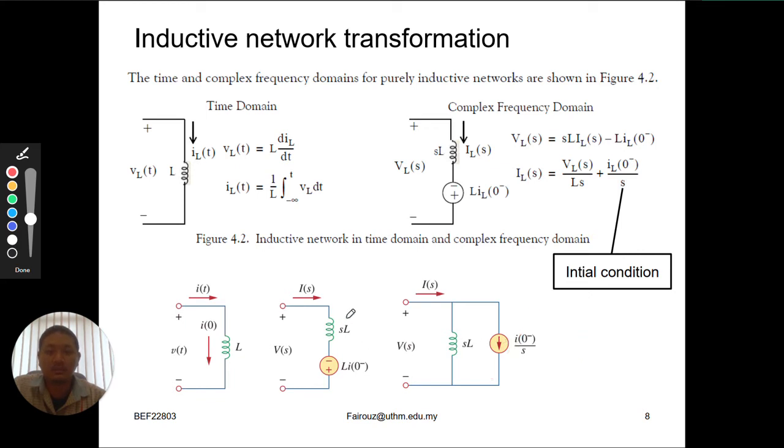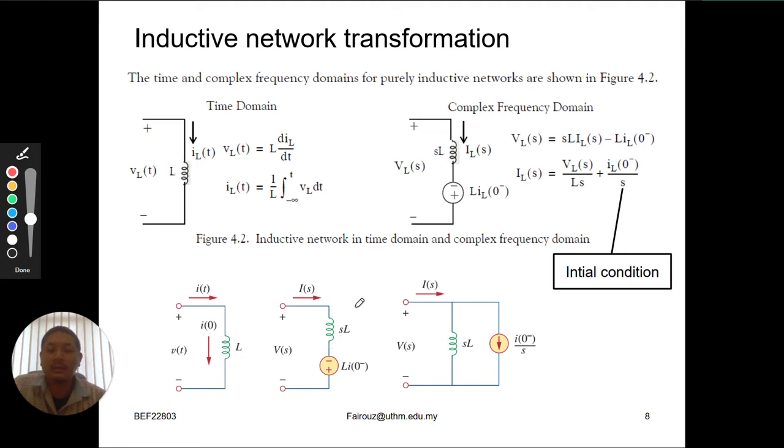All right, see here, the inductor and the voltage source or the initial condition is in series, but in this case the inductor and the source, or the initial condition, is now represented as current, and it is now in parallel. Both are similar.